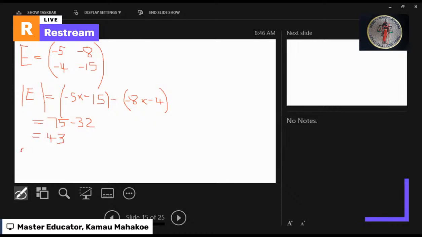The adjoint, for the adjoint, we switch places with the A and D. So the negative 15 would come here. The negative 5 would go there. And we change the sign of the B and C. So the negative 8 will become a positive 8. We don't move it. We just change the sign for the B and C. The negative 4 would become a positive 4.